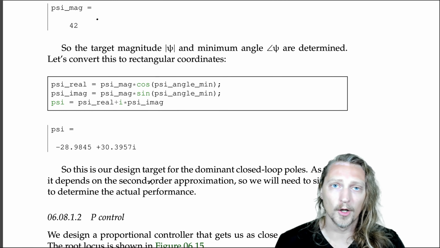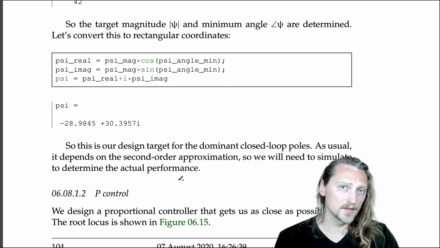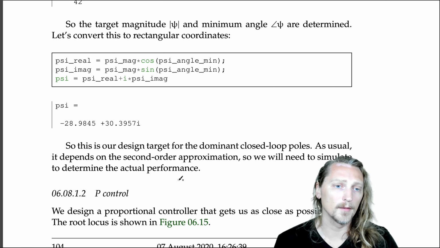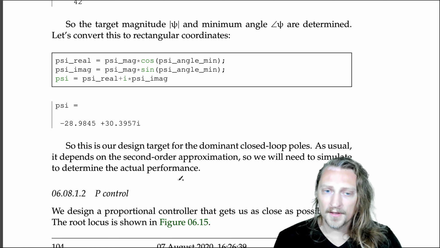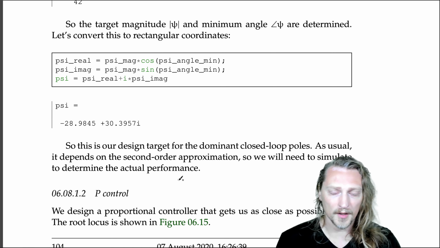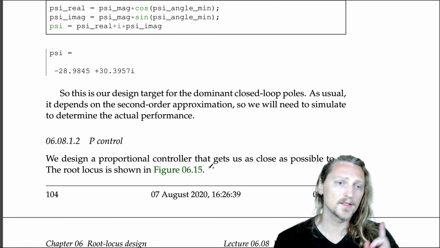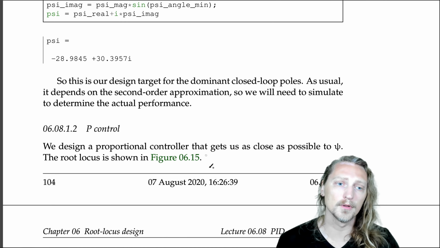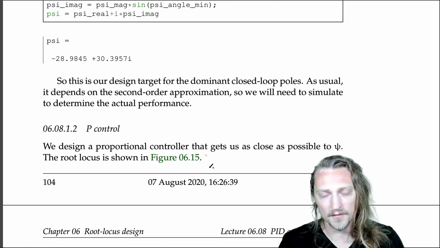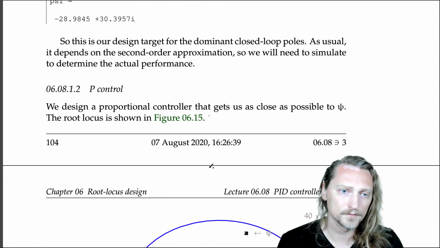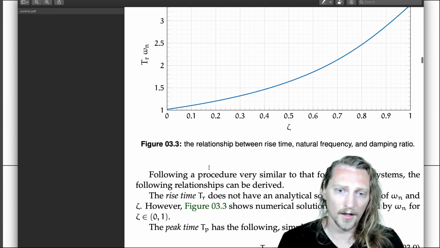So this is going to be our goal, and we know it's an approximation, but it's at least a place to start, a place to sort of bootstrap from. So this is the design target for the dominant closed loop poles. As usual, it depends on the second order approximation, so we will need to simulate to determine the actual performance, as virtually always we need to do. So, great.